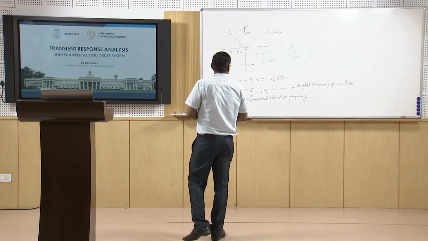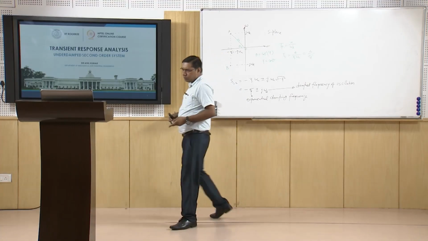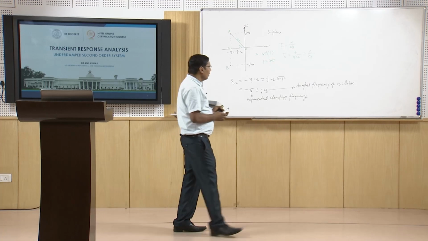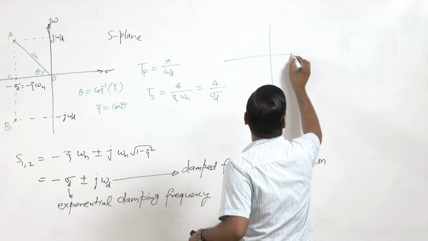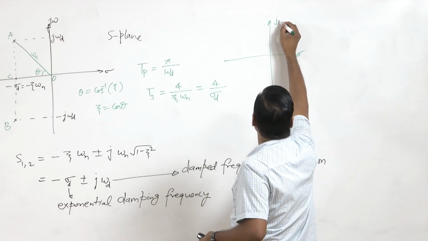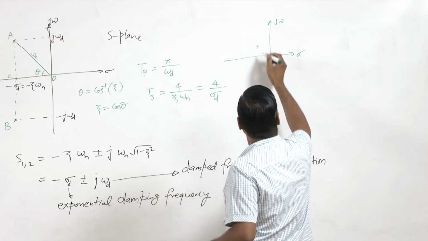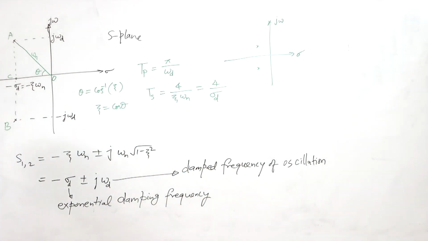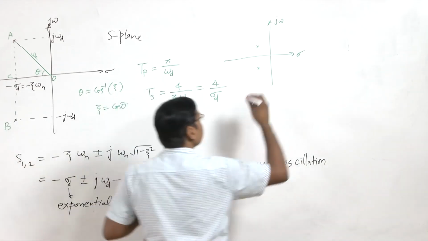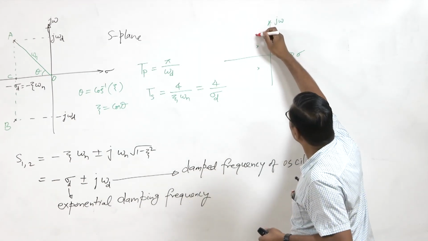So now let us see what happens when these poles, there are some poles, sigma j omega, and we have these complex poles, and these poles start moving in this direction.